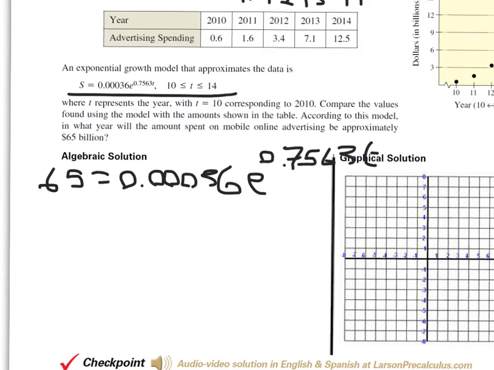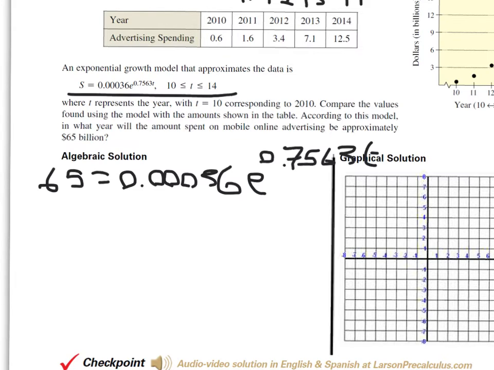And we know that the natural log of e is 1. So now we've got the natural log of 65 over 0.00036 is equal to 0.7563 t, and then divide by that and plug all of that into the calculator, and you'll find out that t is equal to 16 years.